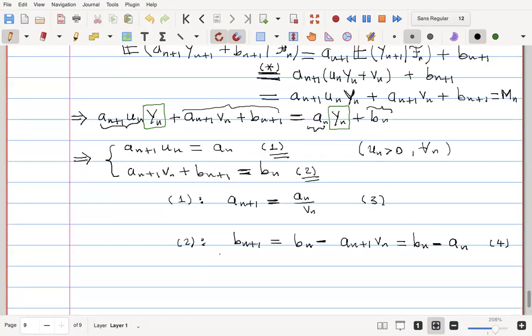So what I mean is, if I know a_{n+1}, the next one, which will be a_{n+2}, will be a_{n+1} times 1 over u_{n+1}. You see that? And if I substitute the expression, that will be a_n over u_n times 1 over u_{n+1}.